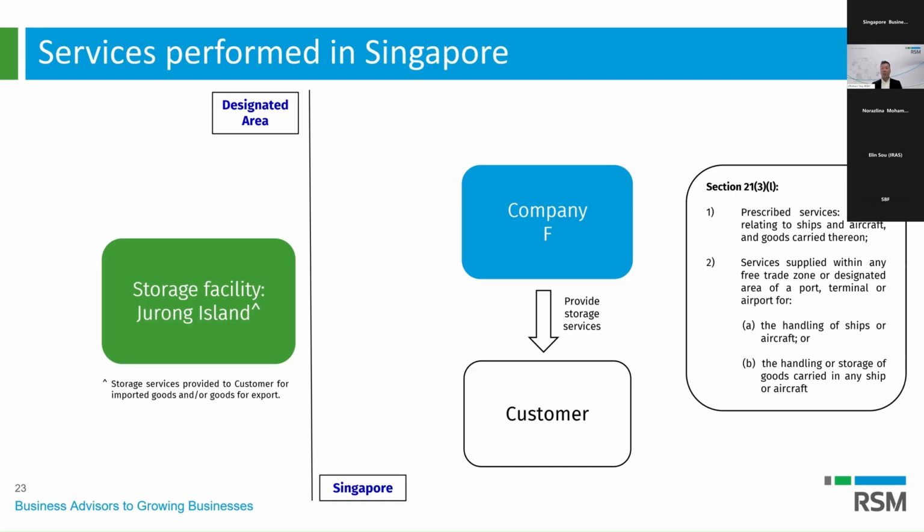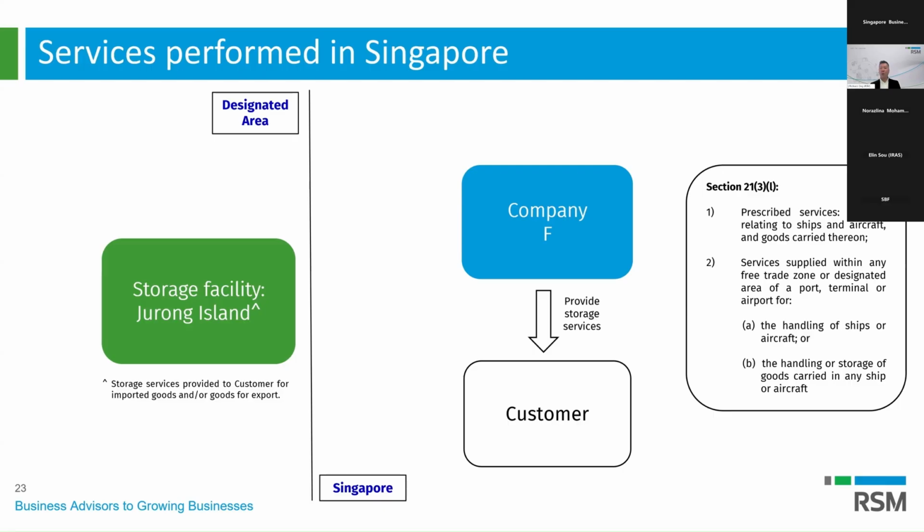If you can see on screen, prescribed services, meaning services relating to ships and aircraft and goods carried thereon, meaning any goods that are carried on ships or aircraft. So in this case, goods that are imported will definitely come to Jurong Island via vessel, right? Cannot be teleporting like you see in the Avengers, right? So it's carried on board a ship and it's docked on Jurong Island.